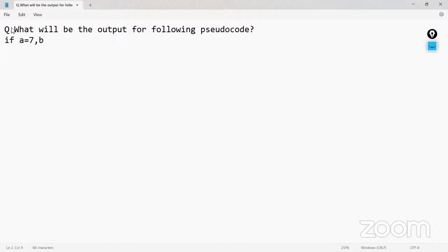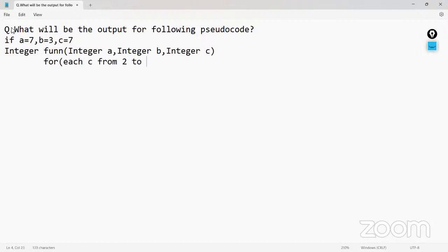If A equals 7, B equals 3, and C equals also 7, and the code is... I think here we have insufficient code.